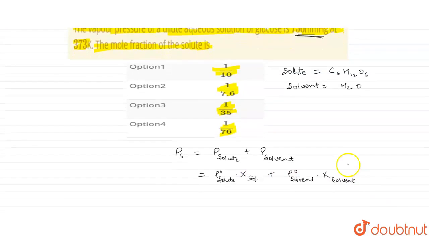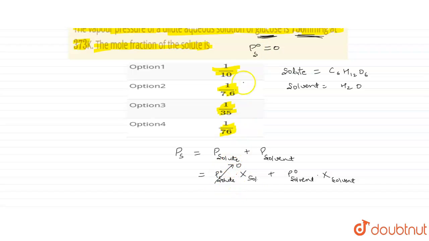Now we know, for a non-volatile solute, we have glucose as a non-volatile solute. For a non-volatile solute, the vapor pressure in the pure state is 0. That is, P naught solute for a non-volatile solute will be 0.